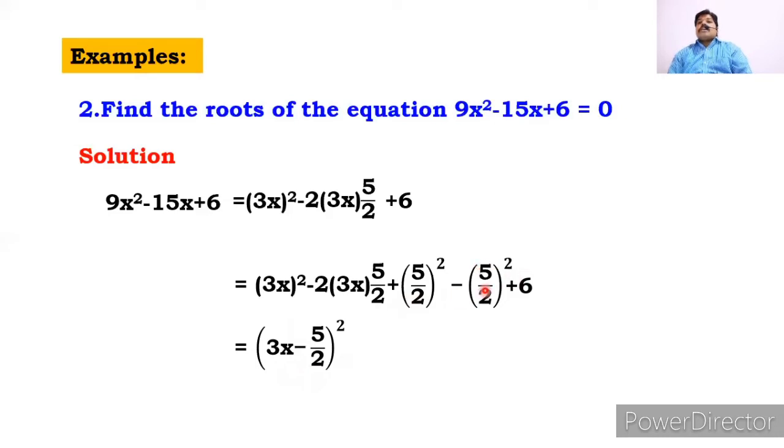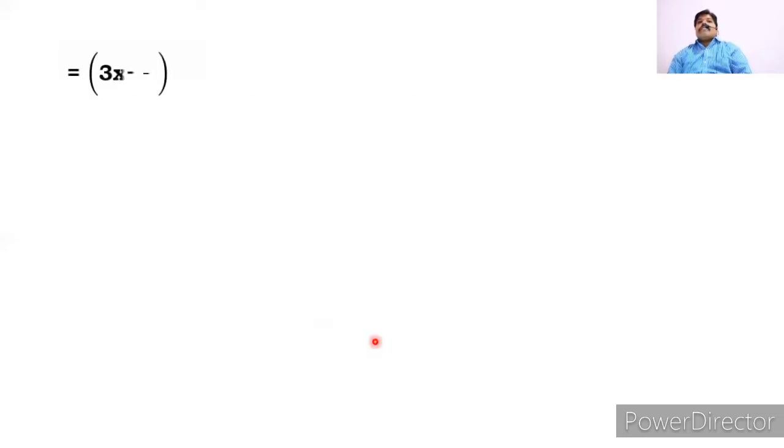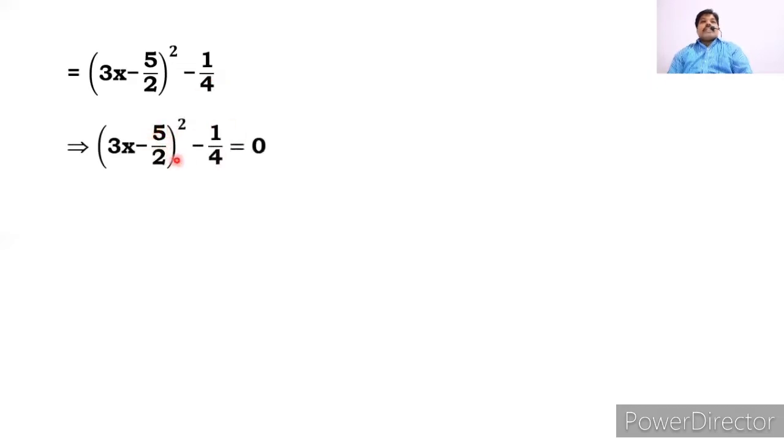So here it is 25 by 4 plus 6. Take the 4 LCM. 4 into 6 is 24, minus 25 is nothing but minus 1 by 4. The value will become (3x minus 5 by 2) whole square minus 1 by 4. So the total equation is (3x minus 5 by 2) whole square minus 1 by 4 is equal to 0.